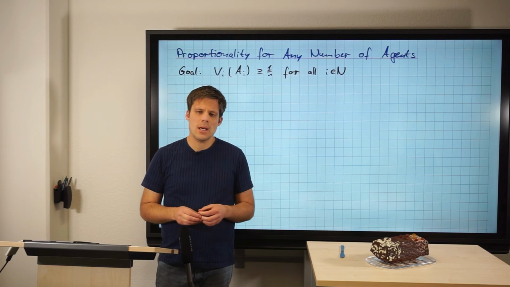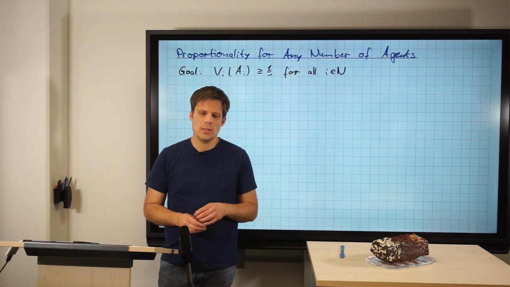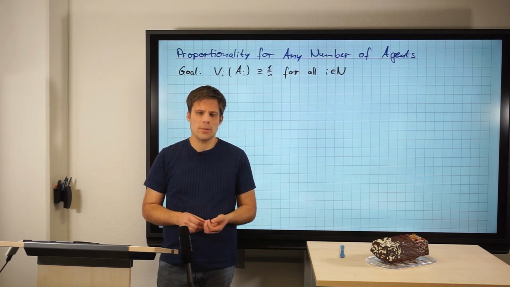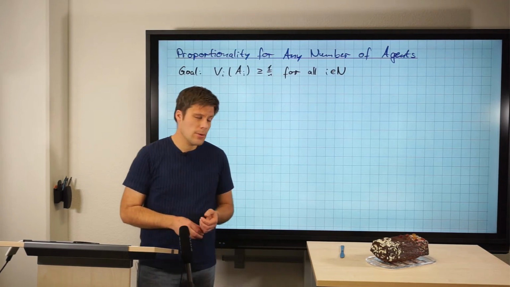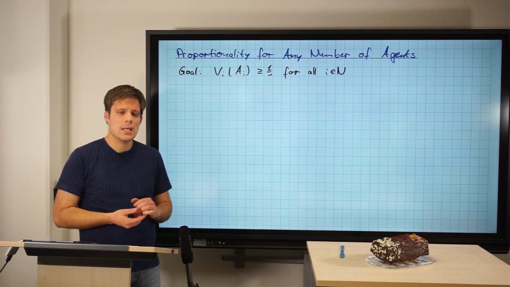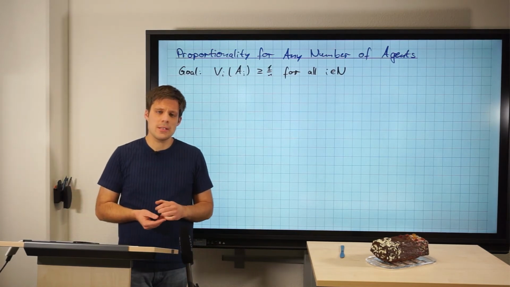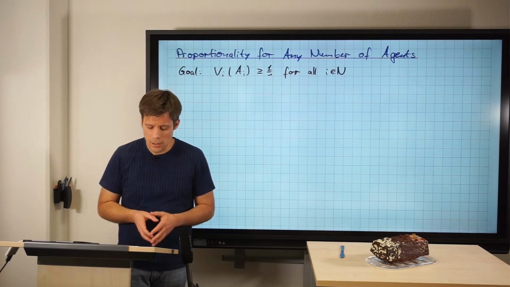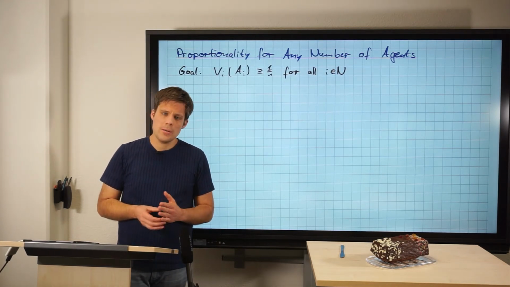Now we want to see how we can get a proportional allocation for any number of agents. Recall that a proportional allocation is defined in a way that every agent thinks they are getting at least a 1 over n fraction of the cake. How can we do this?